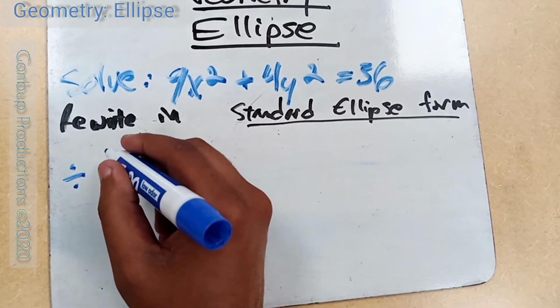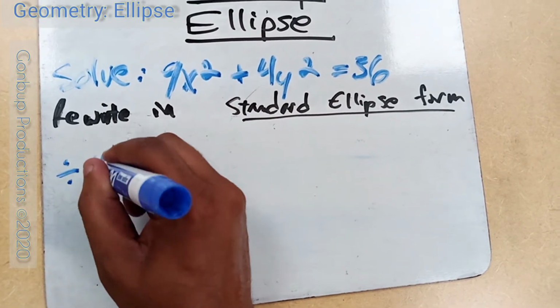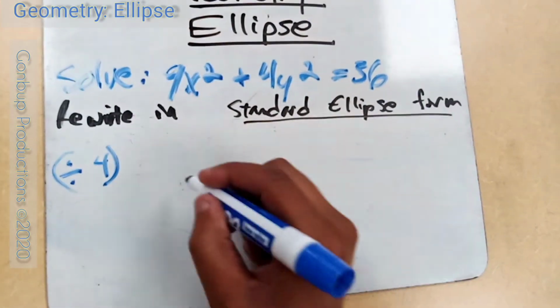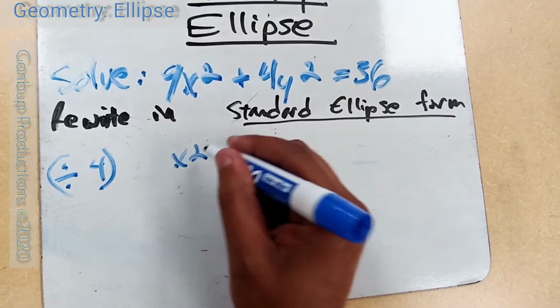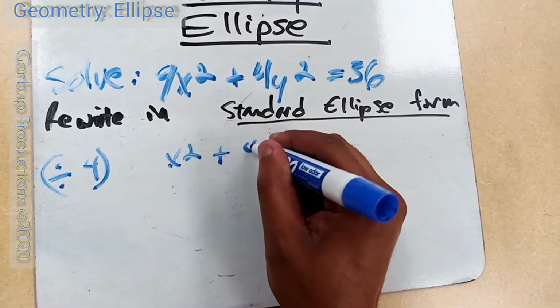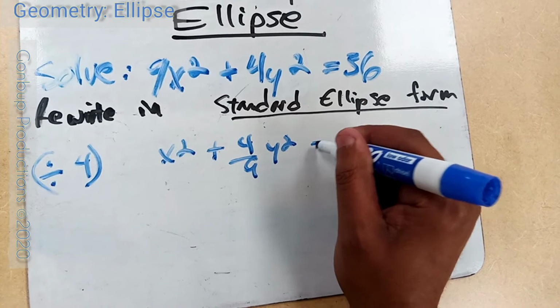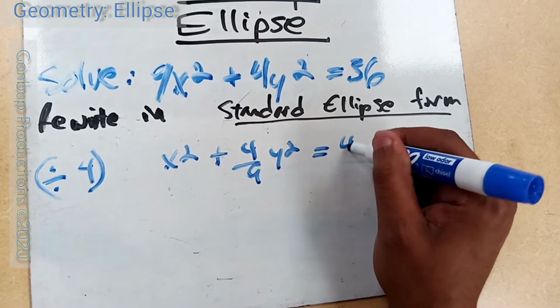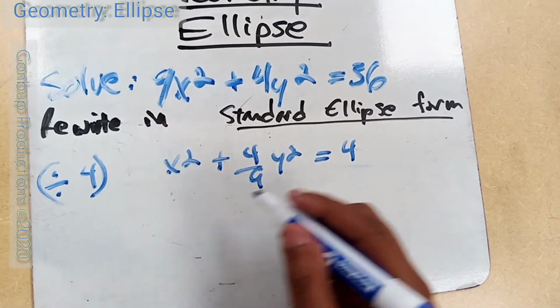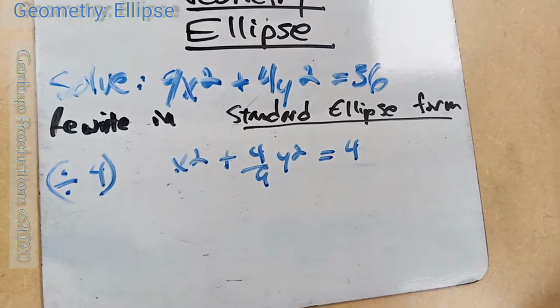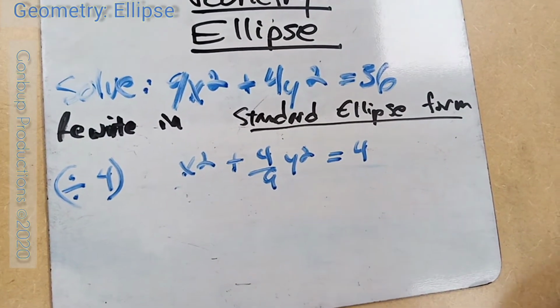Then we want to divide by the coefficient of the square terms a second time, because we still have that 4/9 y squared. So once you take 4/9 divided by 4, it's going to give us 1/9.